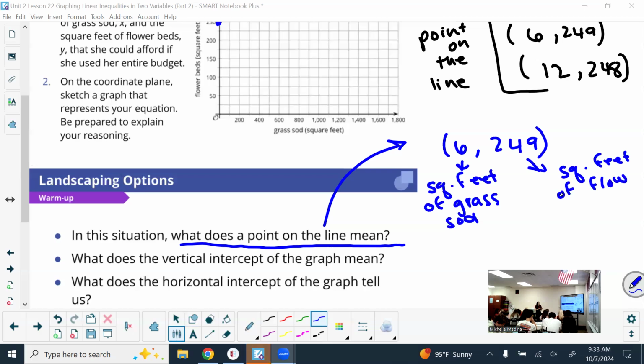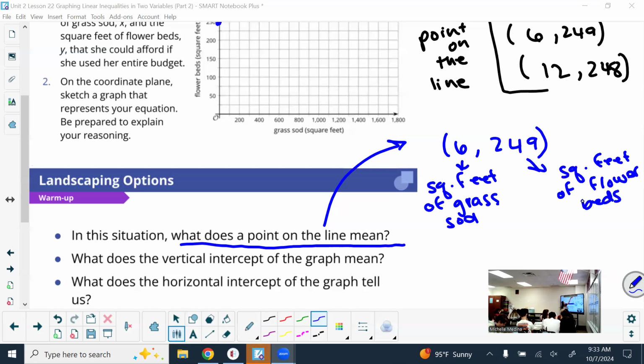So relating it back to the real world situation, this is how much of each that she can buy that uses her entire budget. Remember, that's what we made the equation for. And she uses her entire budget. You find, for example, 6 square feet of grass sod and 249 square feet of flower beds. And that goes for any point that's on the line. So any point that is on the line meets the criteria. It's just different combinations.